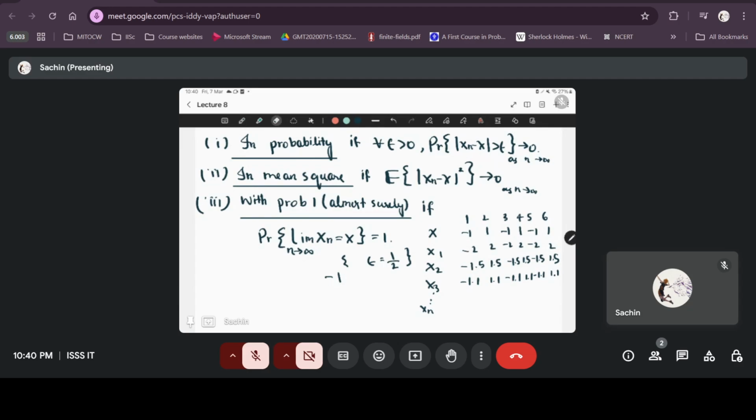This is not really a good example to show convergence in probability.